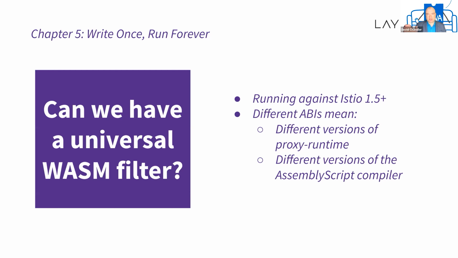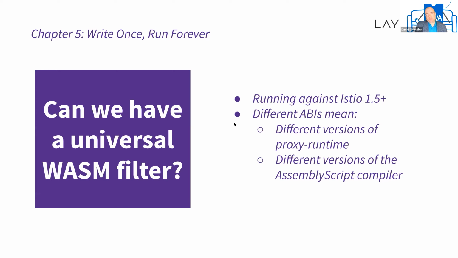If we can, we want to write just one WebAssembly program for every Istio version ever made. And our hope is that Istio 2.0 will still support the ABI 0.1.0, which is where Istio 1.5 was. So we're going for universality.